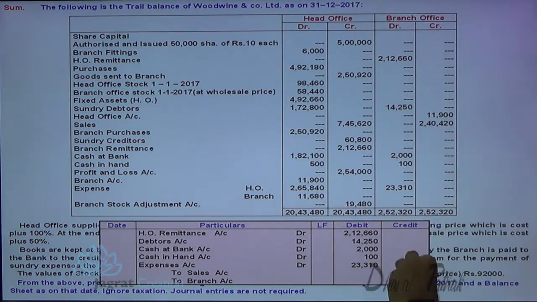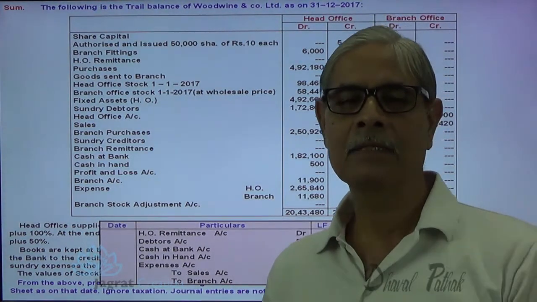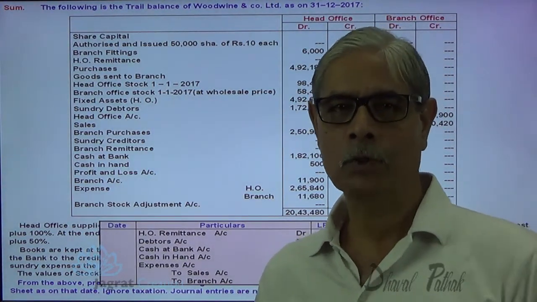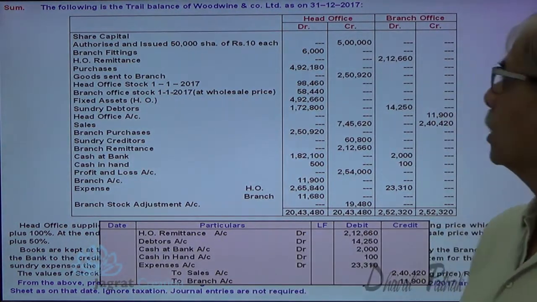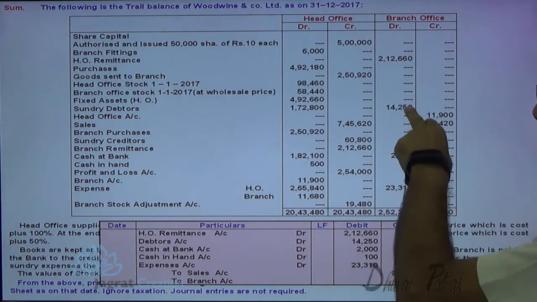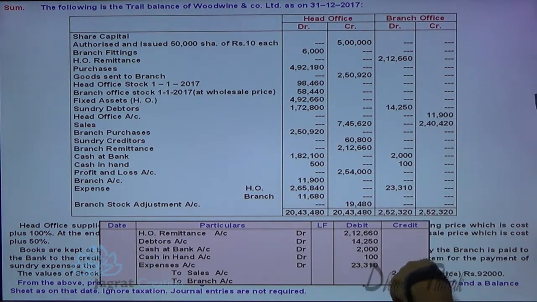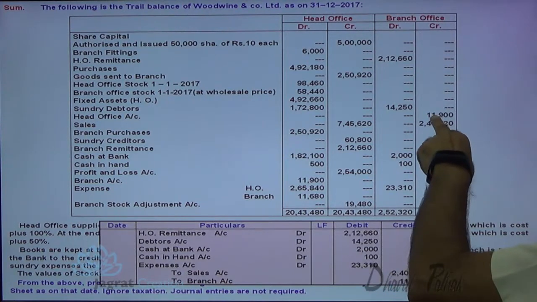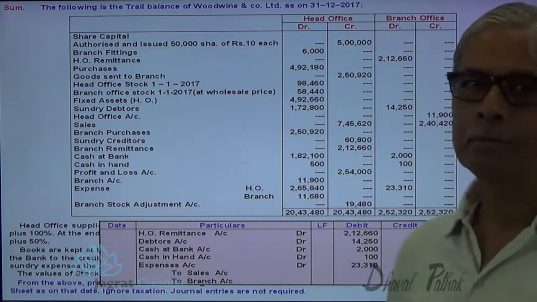So all the credit balances are credited, debit balances are debited. So this is how the branch trial balance is absorbed in the books of HO. Now HO remittance account debit. This is what I have debited. This asset debited, this asset debited, this expense debited, sales credited, and this branch account is also credited.